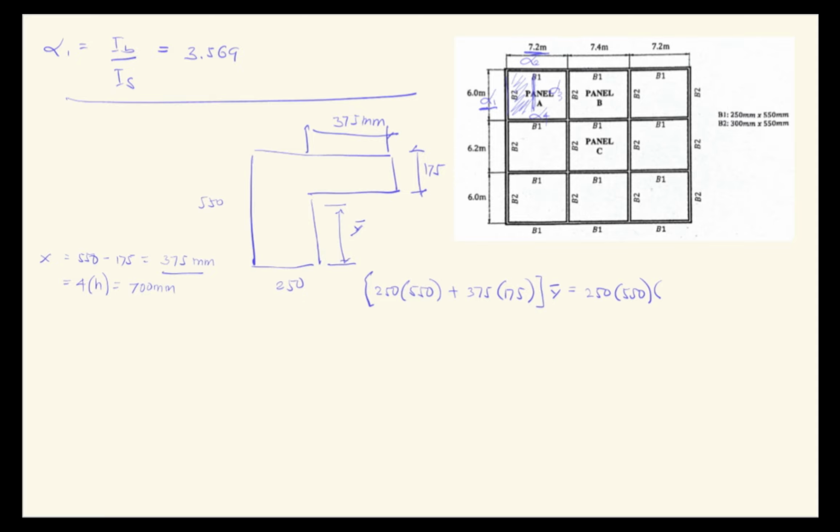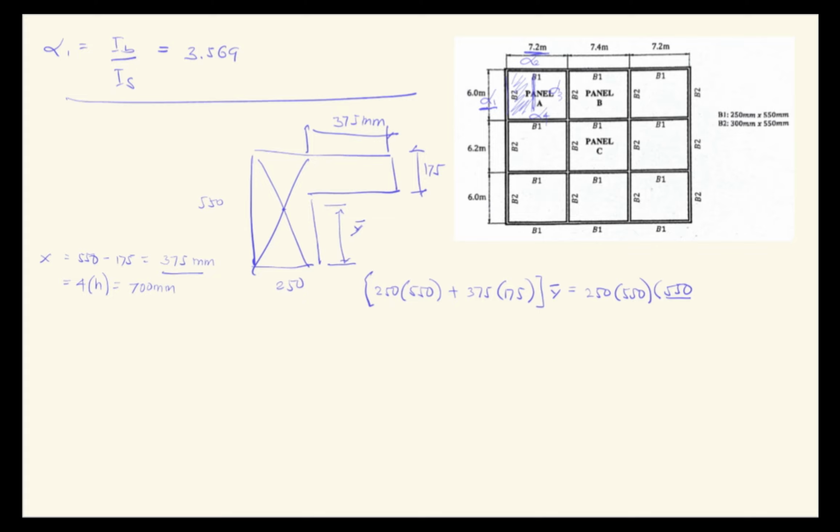The centroid of this cross section is half of 550 if we're dealing with the y direction.